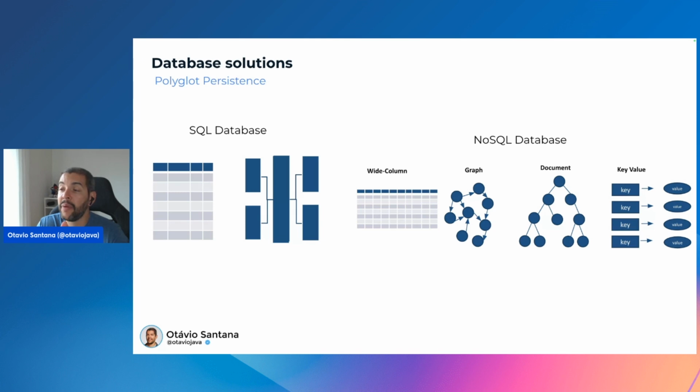Keep in mind that we have much more; those are only the most popular and more mature ones. So wide column, graph, document, key value, those are just the beginning of your journey with NoSQL databases. We have more. We have multimodal. We have time series databases and so on. So those, remember, are just a starting point.